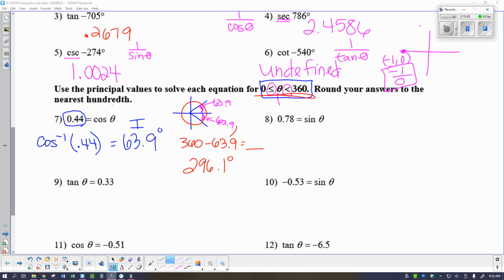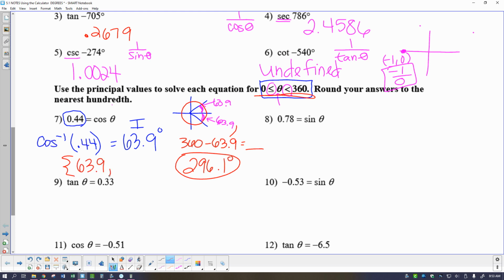All right, so that being our other answer. So here is my solution set that fits within my parameters from 0 to 360 degrees, 63.9 and 296.1. And using those curly brackets, right, they represent our solution set. So that's a great way to write it. You should start doing that.